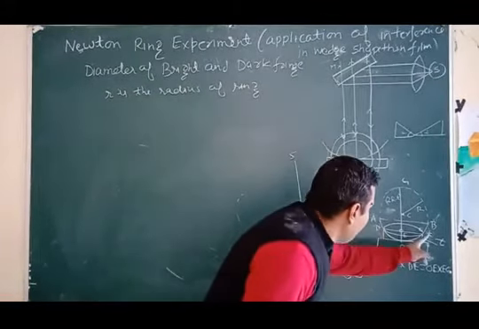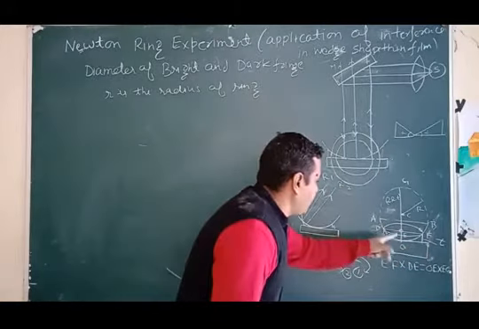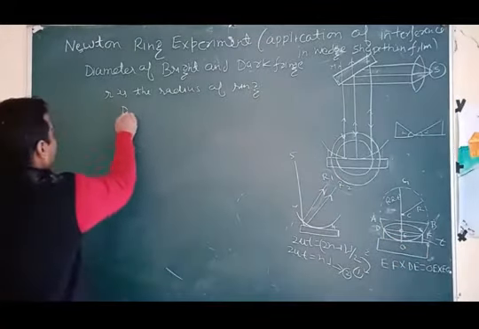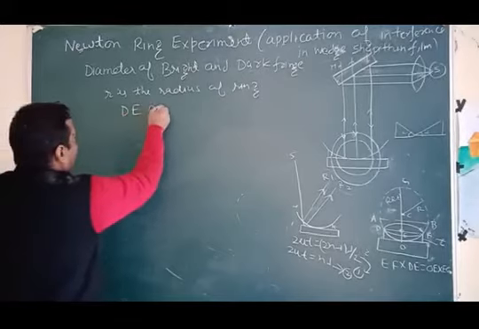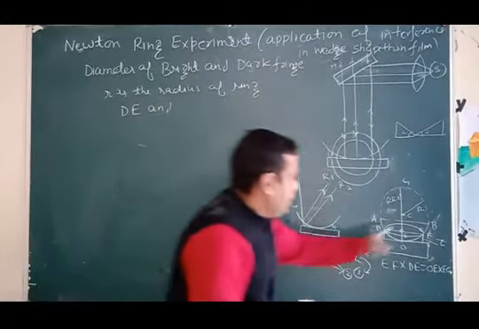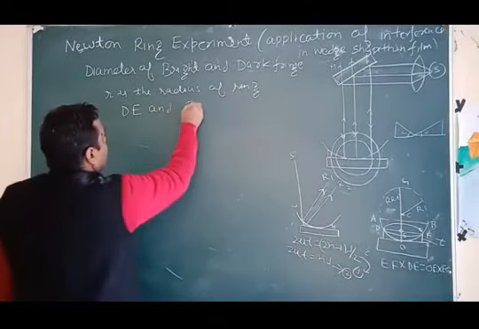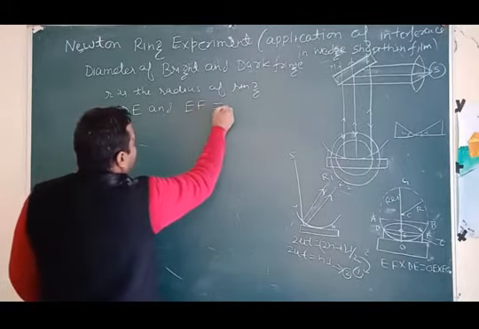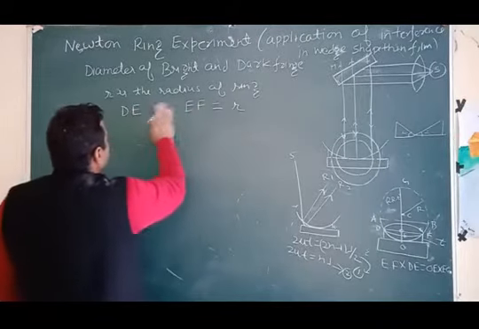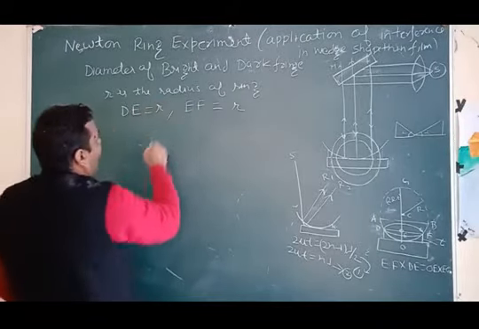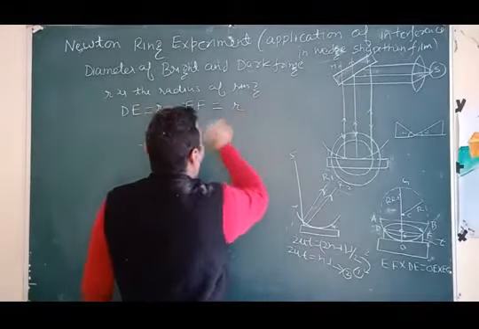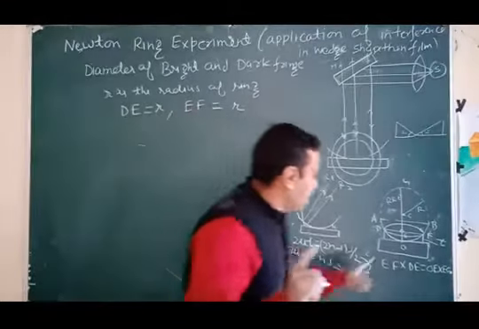So BF is the diameter of the ring, that means DE and EF is the radius, equal to R.